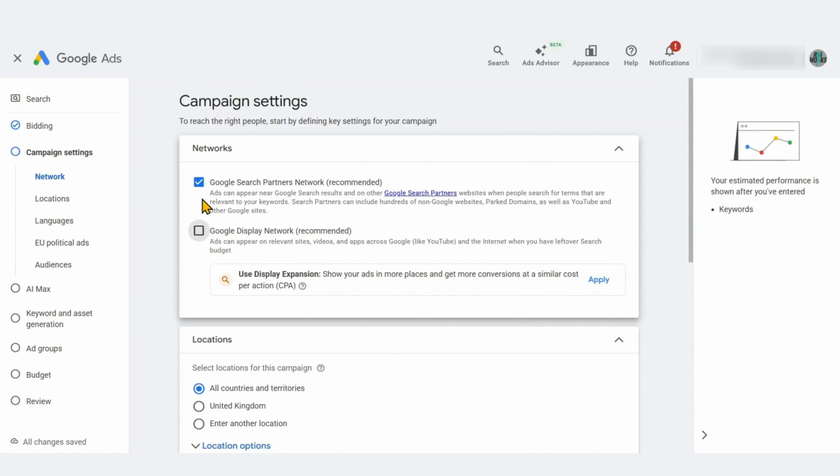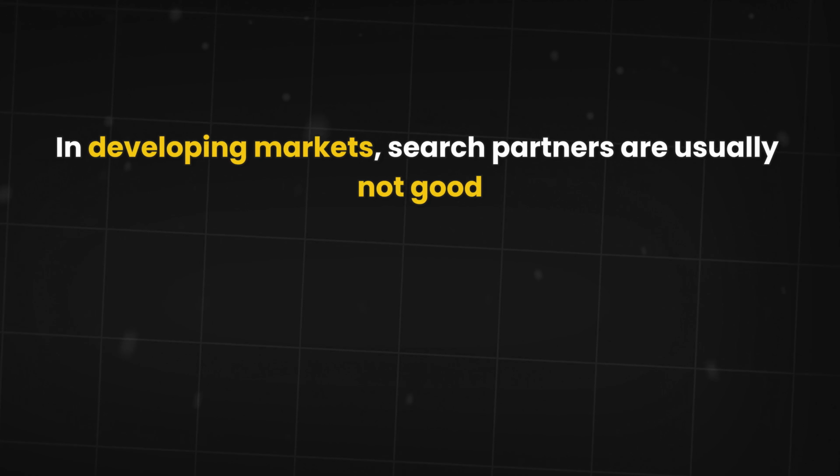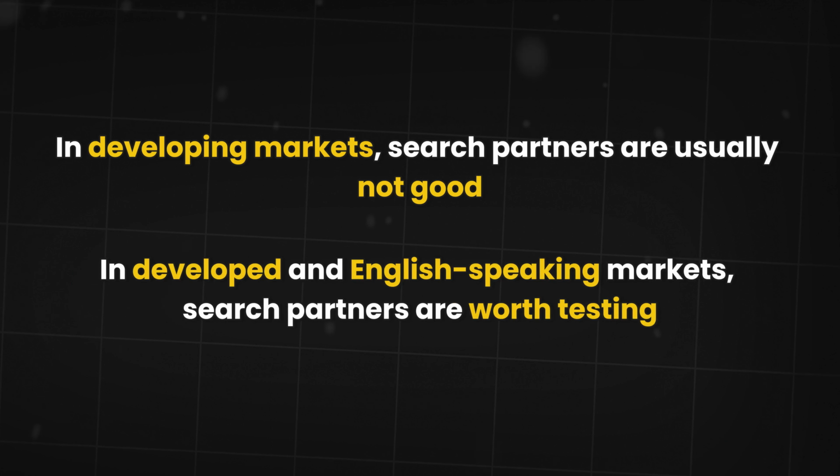When it comes to Google Search Partners Network, this really depends on the market where you advertise in, because in developing markets, search partners are usually trash, but in developed English-speaking markets like the United States, UK, Australia, sometimes a search partners network can work. So I basically suggest the following.